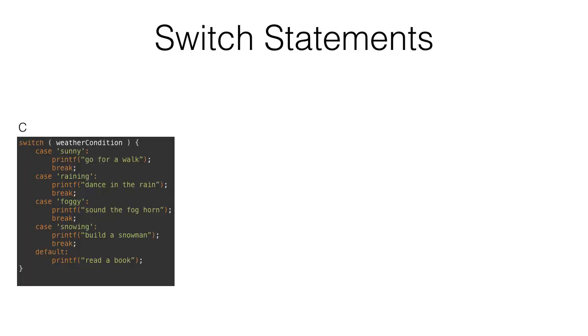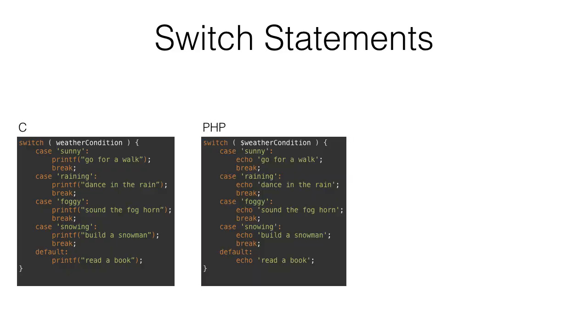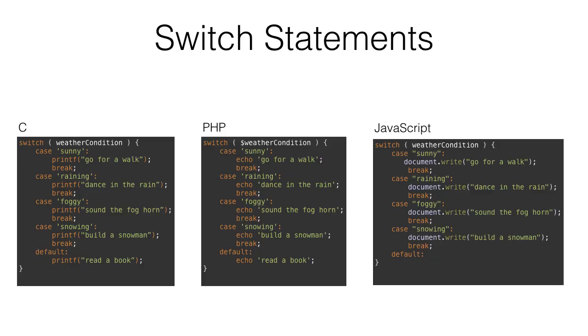Ready? Here's C. All right, that looks pretty familiar. Here's PHP. That looks pretty familiar. Look at the two. They're pretty similar. Here's JavaScript. And here I'm using the document write instead of the console.log. However, you can see, look at how similar these are. They all use the break.